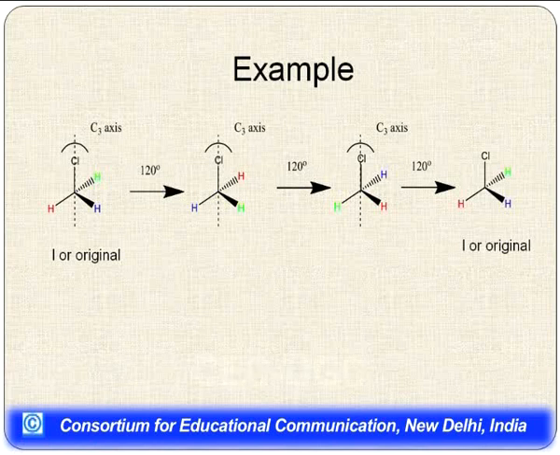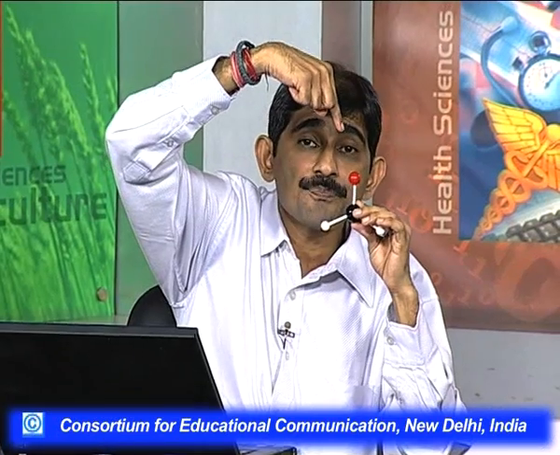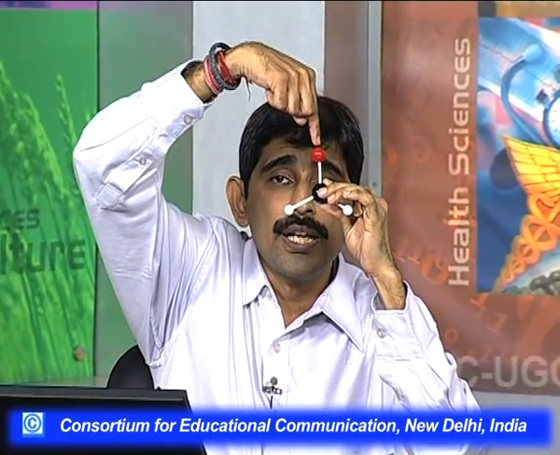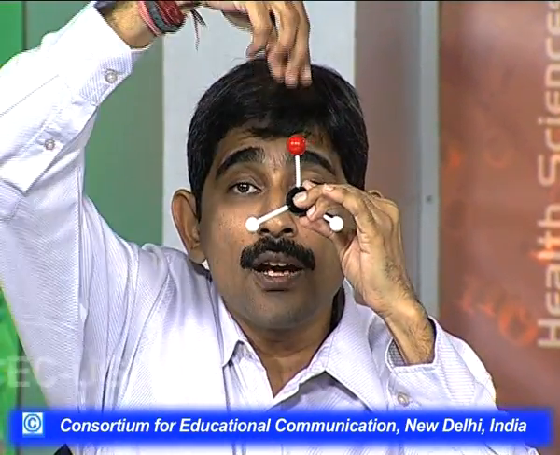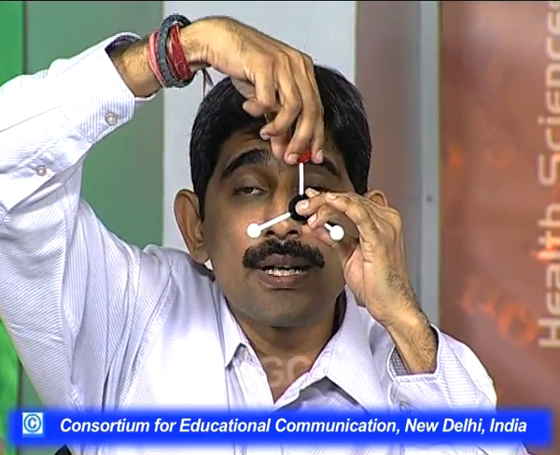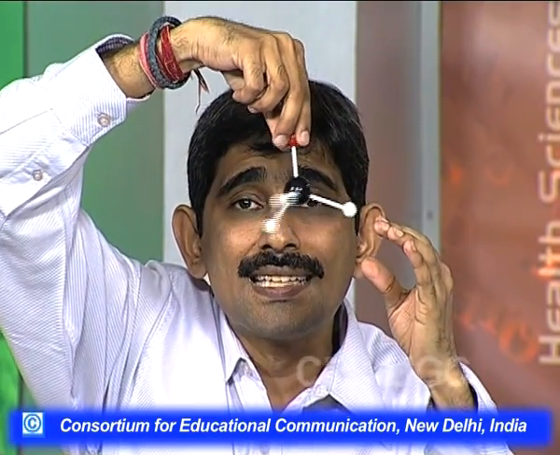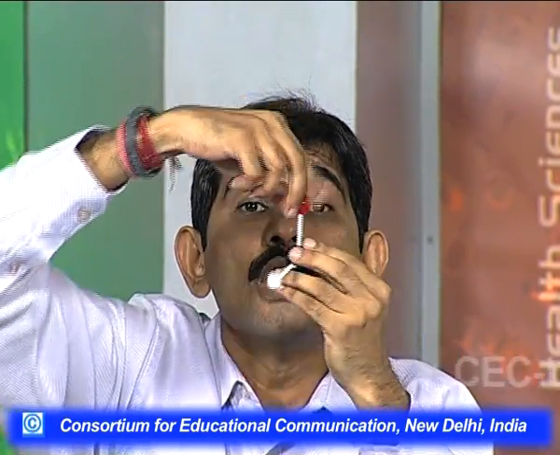So, what I am trying to suggest here is the fact that there is an axis. If you can see the model in my hand, there is an axis passing through this chlorine and the carbon in this manner, and with this axis, when I rotate this molecule like this, I get 3 forms with different colored hydrogens.